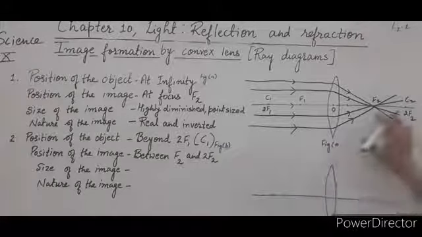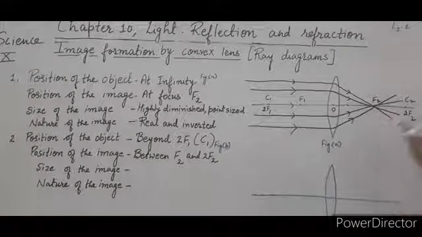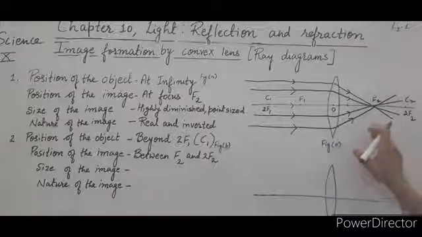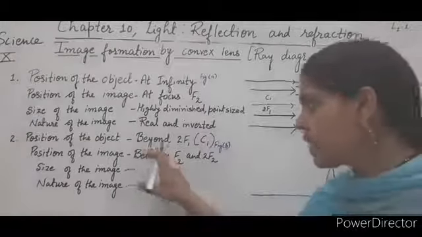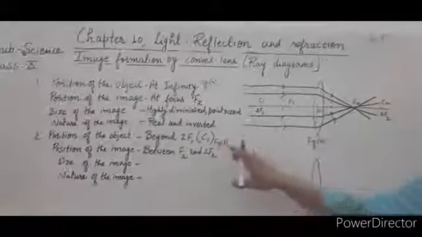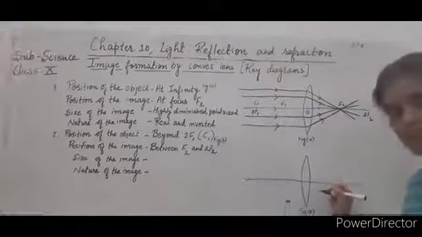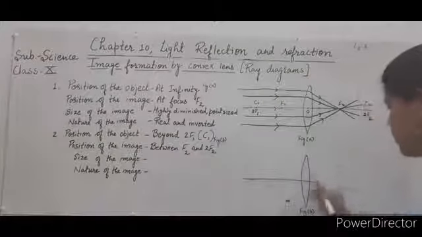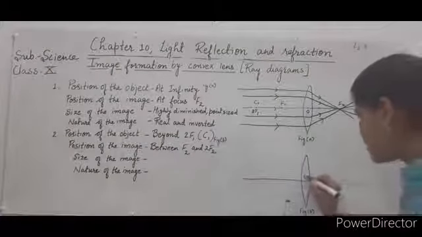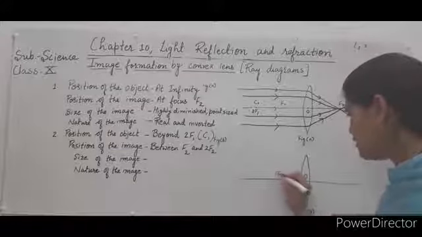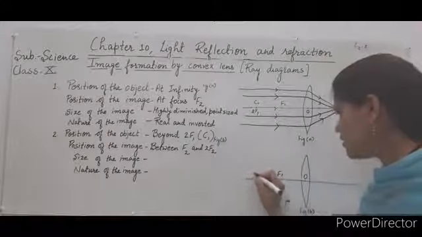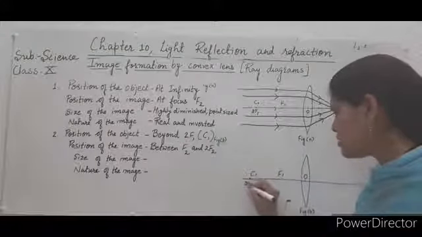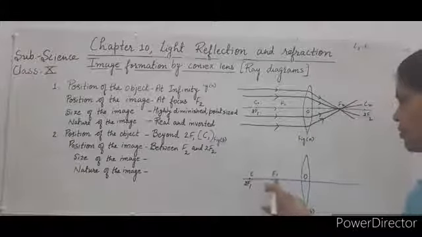So that is figure A, for the first case, when the object is placed at infinite distance. Now the second case, when the object is beyond C1, or 2F1. So this is our convex lens, the optical center, F1, this is C1, which can be called 2F1, twice of F1.